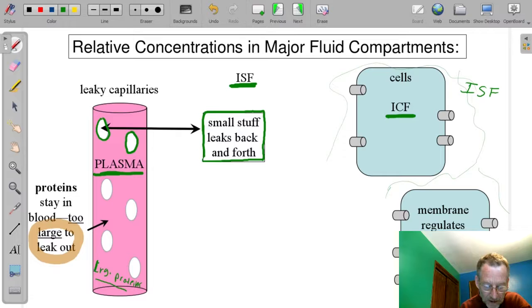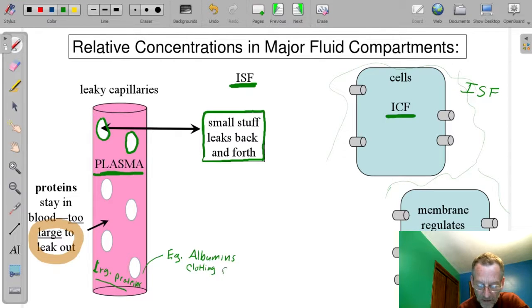So, this is review, right? Give me some examples of large proteins in the blood. Things like the albumins. What else can you name? Clotting proteins.